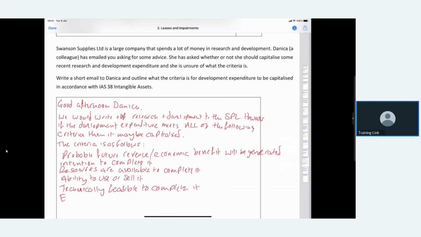And then lastly, E, expenditure that can be identified separately or can be reliably measured.